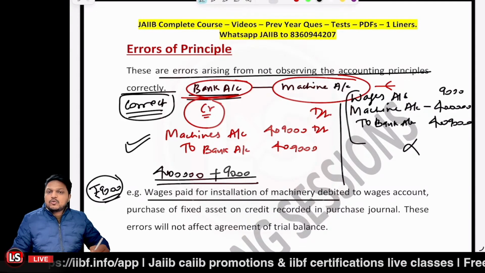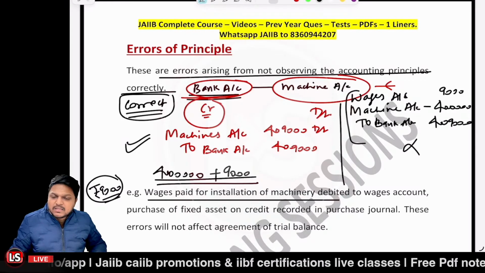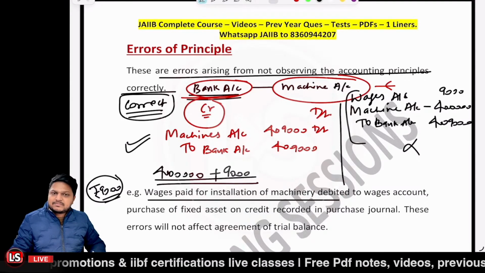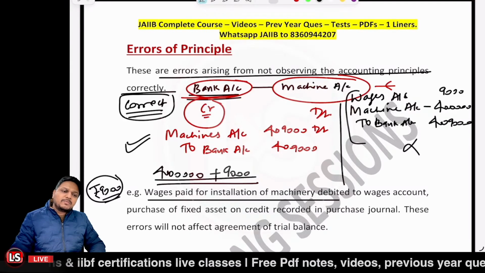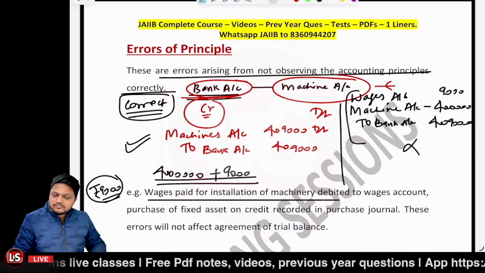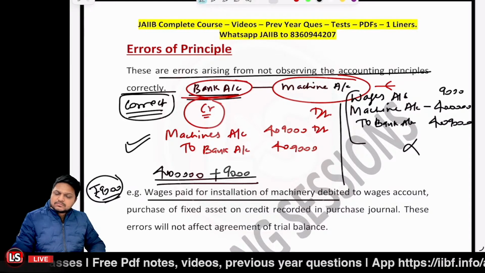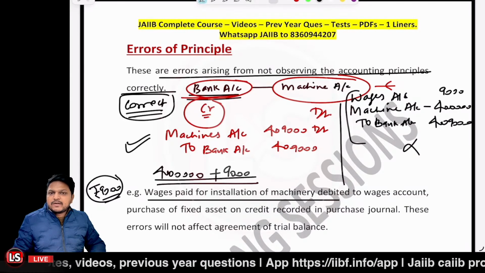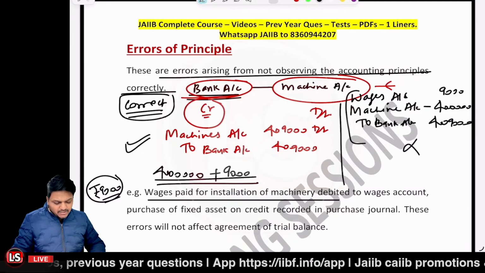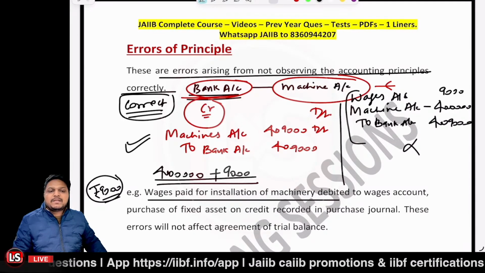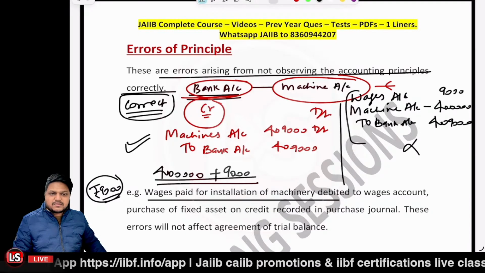But this is not going to make any difference in the trial balance, because in the trial balance you won't be able to recognize it. Are you clear? Please confirm. Have you understood this point so far? So that's about the error of principle, when you're not following the accounting principles.